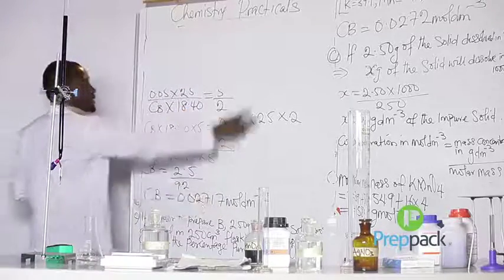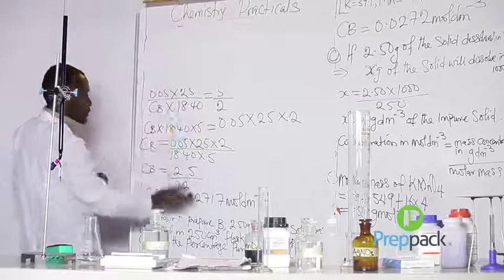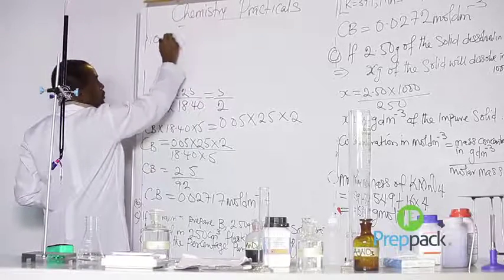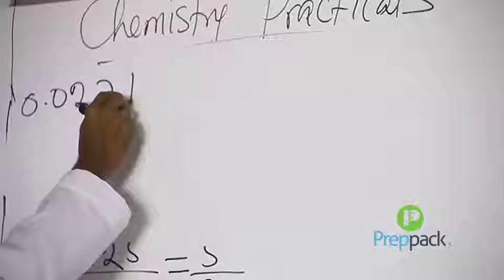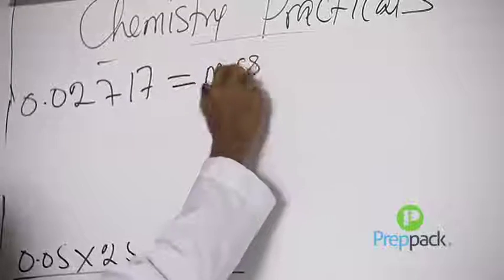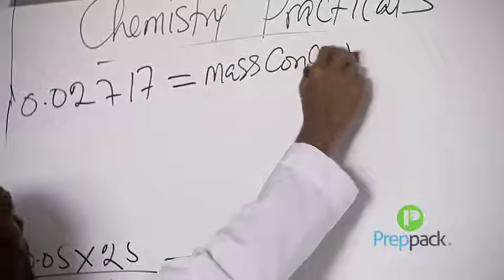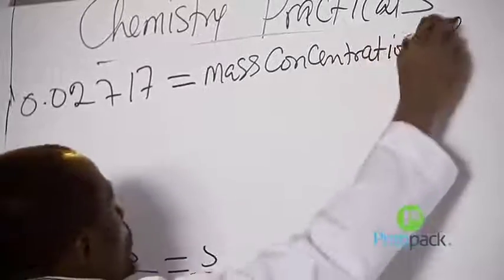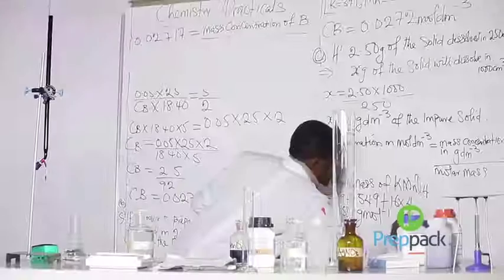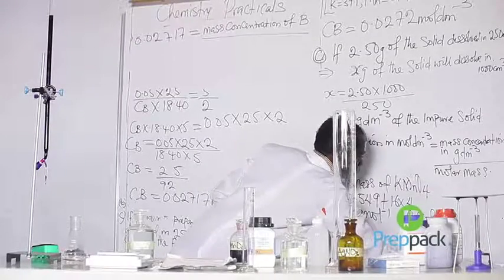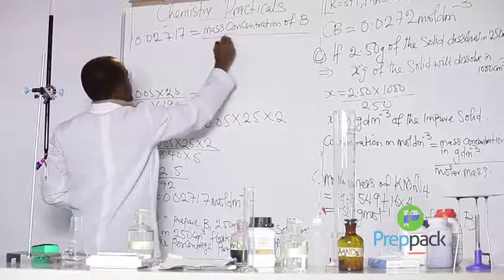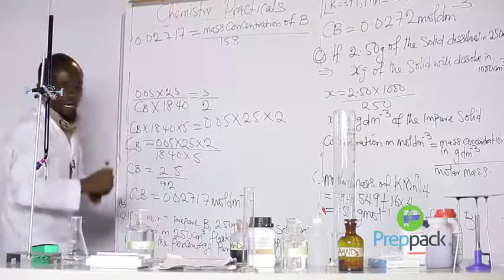So I'm using the raw value instead of the approximate value. So from this place, it becomes 0.02717 equal to the mass concentration of B over the molar mass of solution B, which is 158.